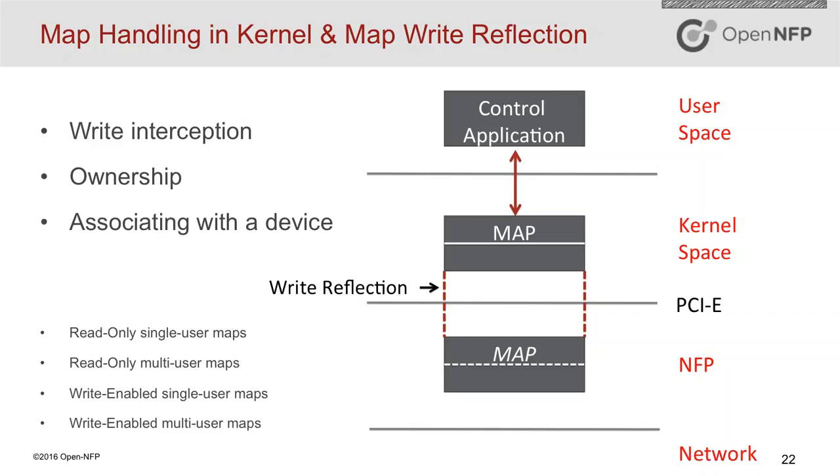Effectively, what we do in this case is make sure that our offloaded eBPF program is the only program using the map, and we do that by assigning a specific ownership value in the Linux kernel stack to the map and associating it with a specific network device, and that will make the Linux kernel stack reject other programs from binding to the same map. And then if the control application wants to read the map values, we will just provide the values from the card instead of the kernel copy.